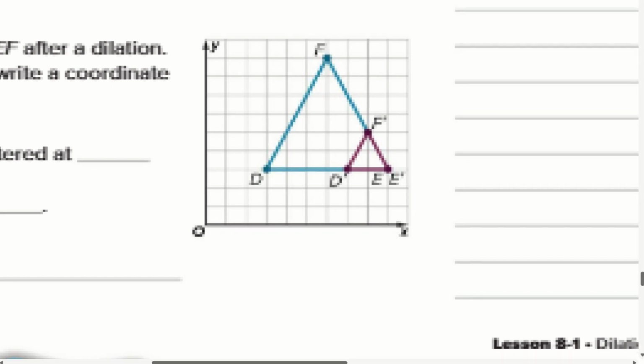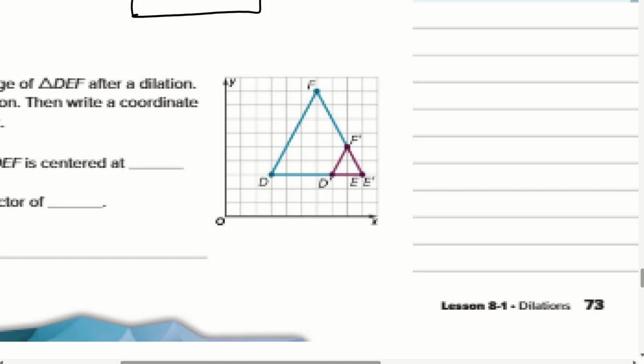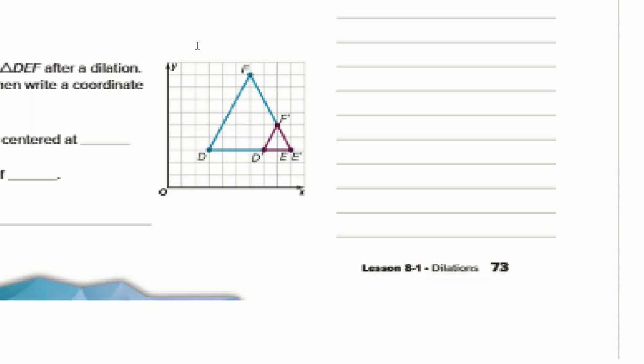Now you can use the distance formula, of course, guys, but just to make it a little easier for you, instead of doing the distance formula, you can just look at a specific side. Okay, so let's look at this specific side that does not require the distance formula. So if I do, for example, this side right here, compare that to this side right here.